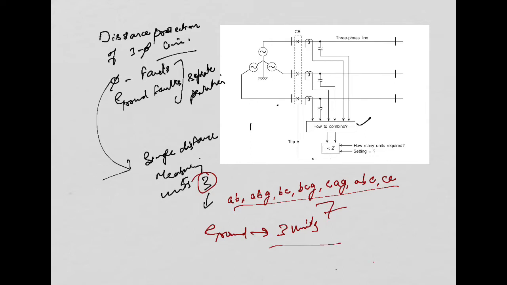Now therefore we can say that 6 measuring units are required for protection against all the 10 shunt faults. We have 7 faults, then 3 faults, so the total is 10 shunt faults.